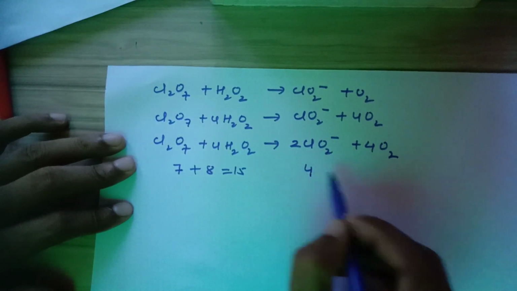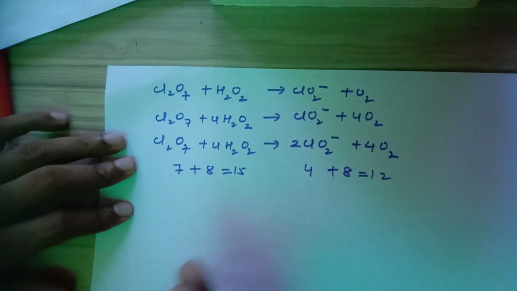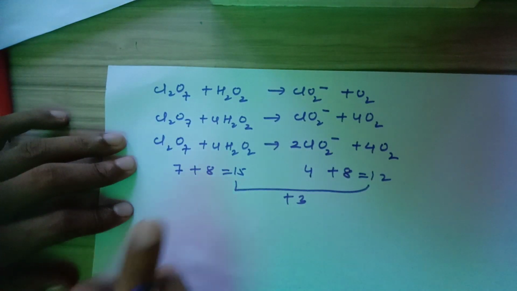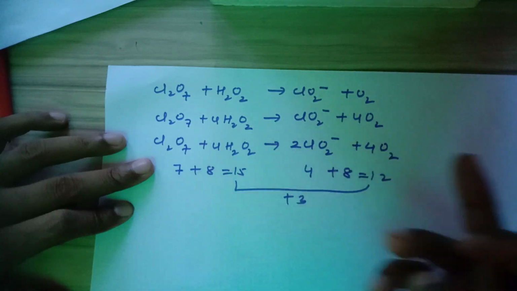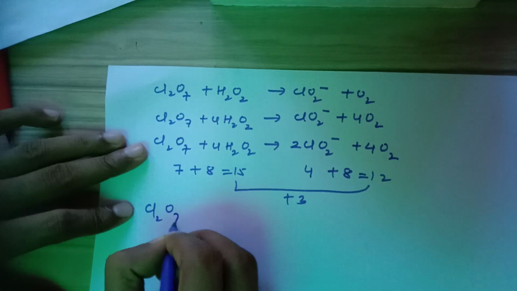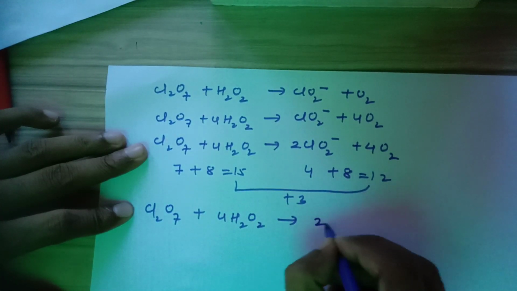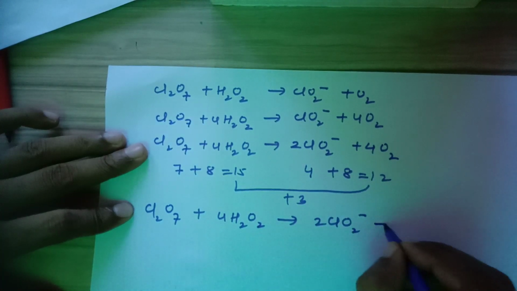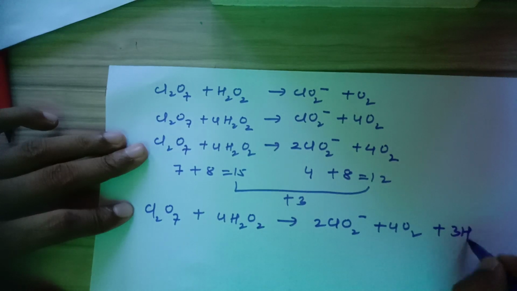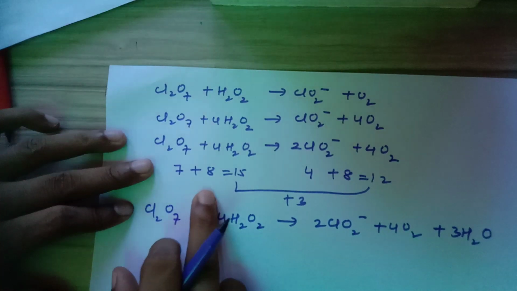Here there is 4 oxygen plus 8 oxygen, so total 12 oxygen. So the difference in oxygen is 3. Here there is more, so 3 H2O will be added to the right hand side, because 3 oxygen is more on the left.